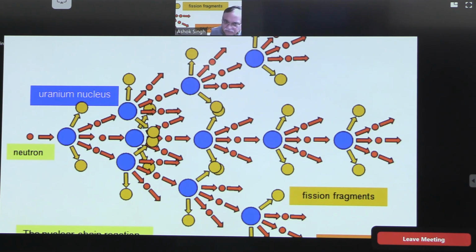So this is the concept of a chain reaction. Understand why it's a chain? By splitting one nucleus, you produce neutrons which go and split more nuclei, then more neutrons are produced, they will split even more nuclei, and this process can continue indefinitely.